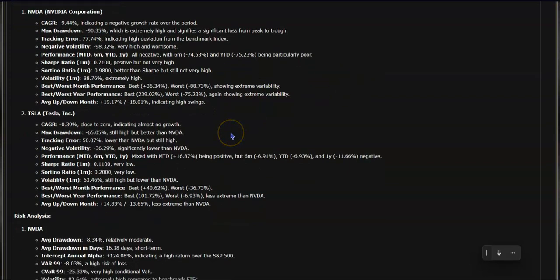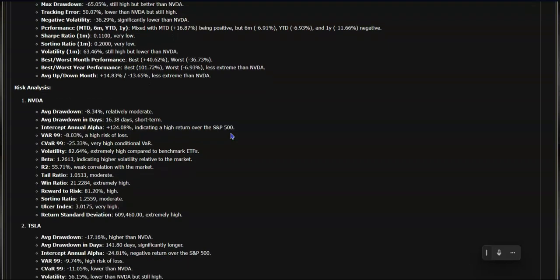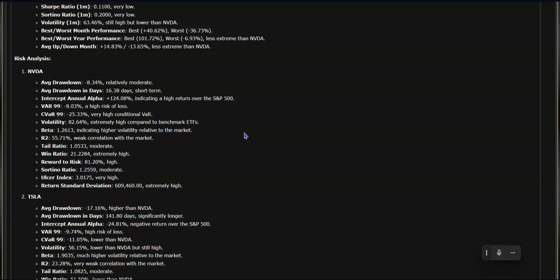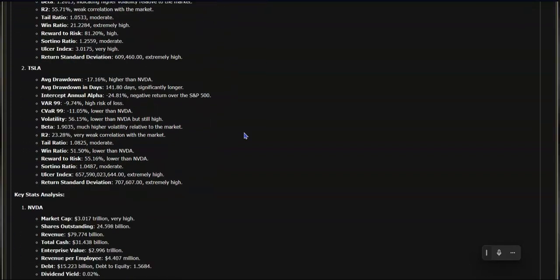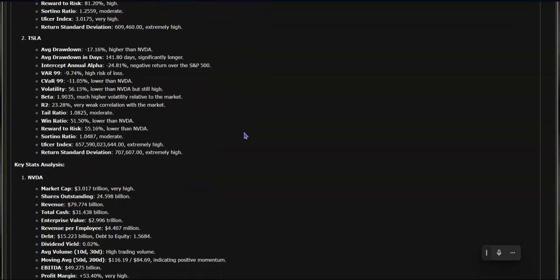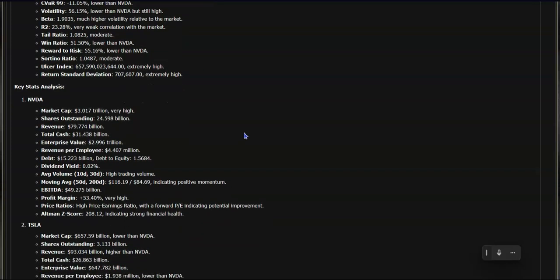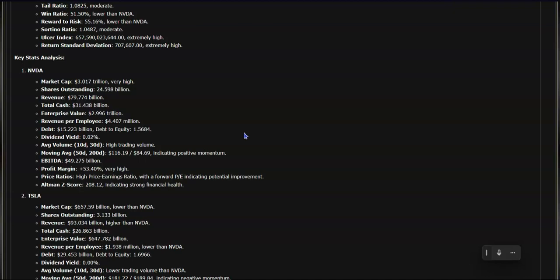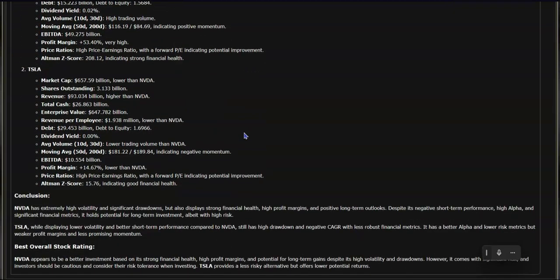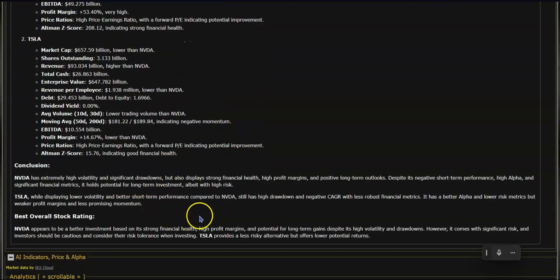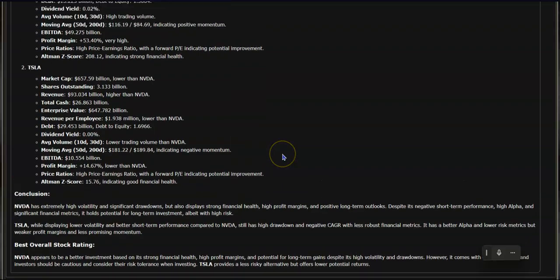Also for Tesla, risk analysis for both stocks, key stats, getting at more of the fundamentals, and a conclusion. Best overall stock rating right now is NVIDIA.